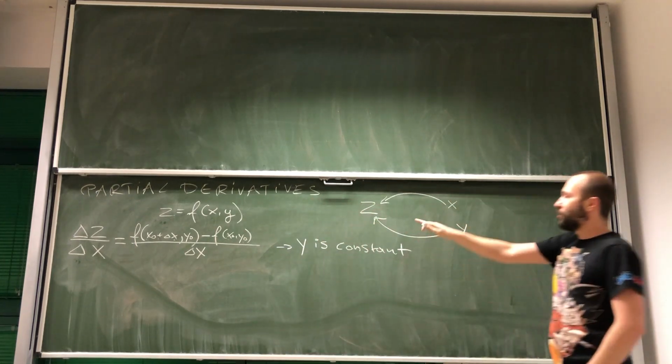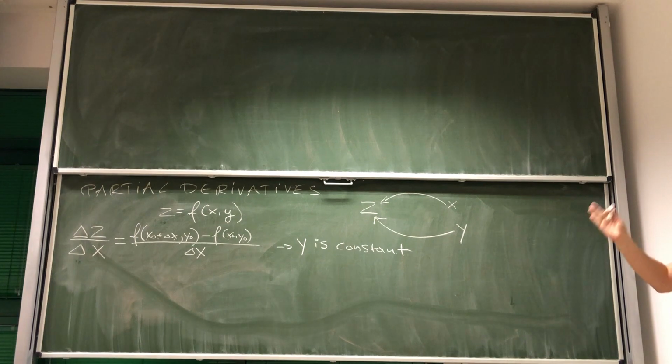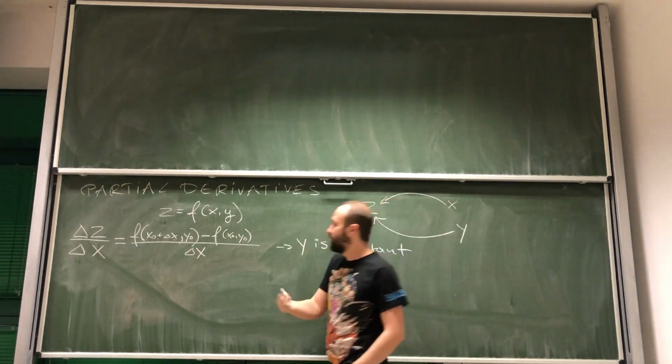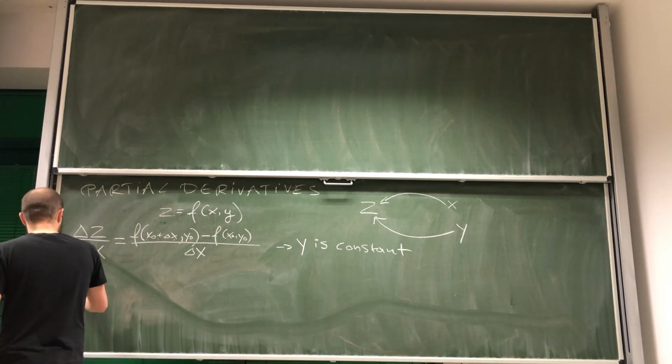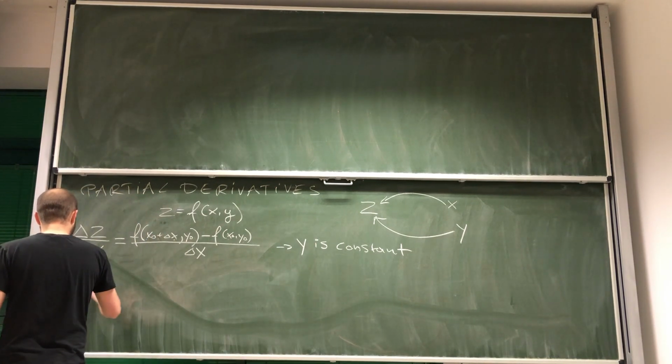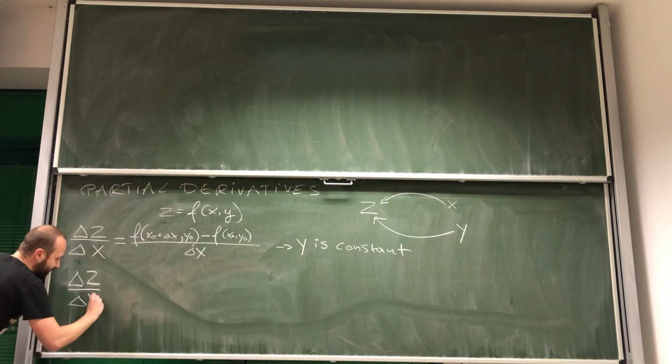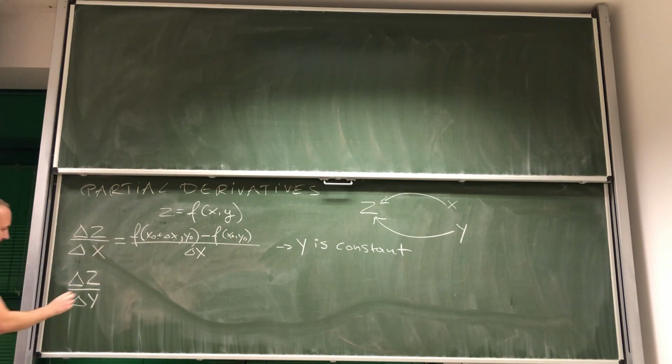Now, but look, if this is the case, this means that over here we can calculate more than one difference quotient. So the second one would be what is happening if y is changing while x remains constant.